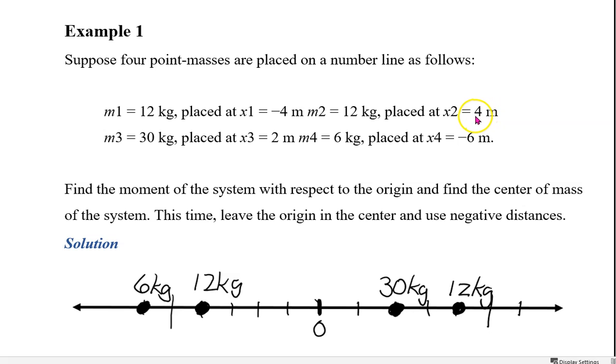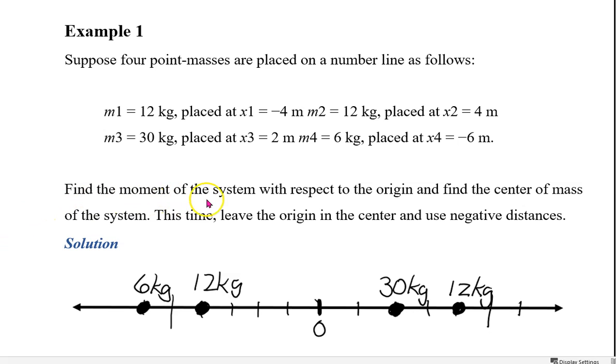Since it's positive, it's on the right. Mass 3, 30 kilograms, is placed at x3, which equals 2 meters. That would be to the right. Mass 4, 6 kilograms, is placed at x4 of negative 6 meters, which would be to the left. This time, we left the origin in the center, and we're using negative distances instead.